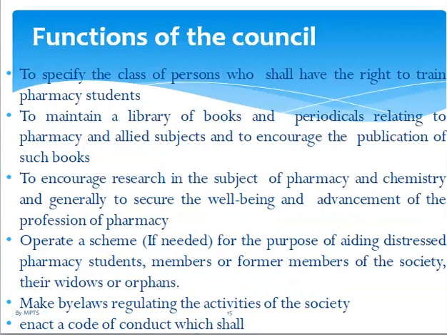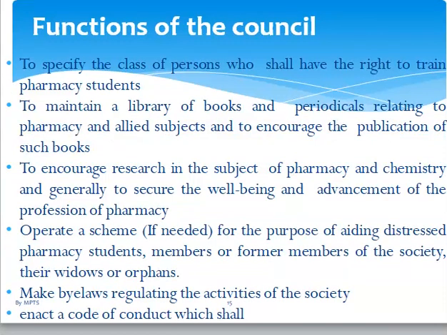It has very many functions. It specifies the class of persons who shall have the right to train pharmacy students, maintains a library of books and periodicals relating to pharmacy, encourages research in any advanced pharmacy knowledge, operates a scheme to help members, makes bylaws, and also enacts a code of conduct.